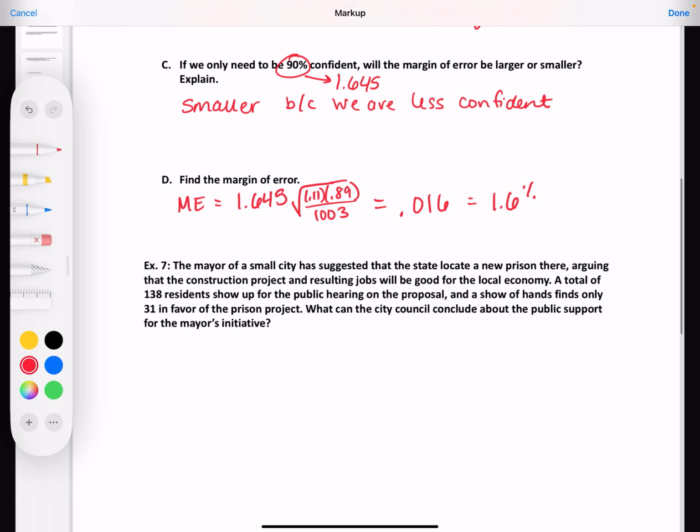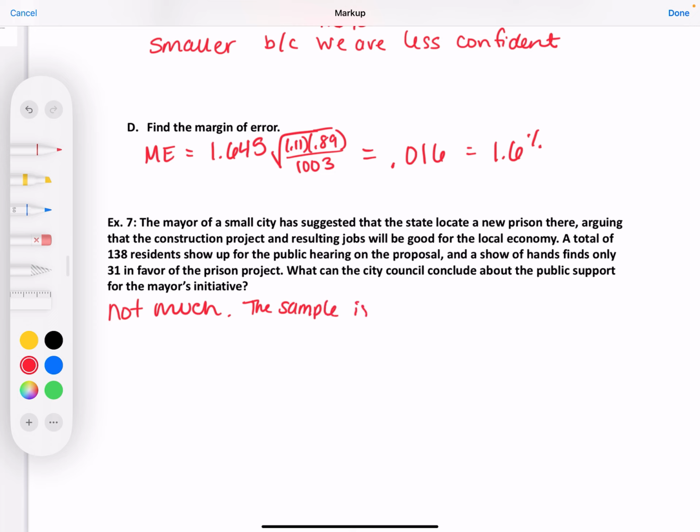Because the sample is not a representative sample, meaning that it's not random, which is one of the conditions that has to be met.